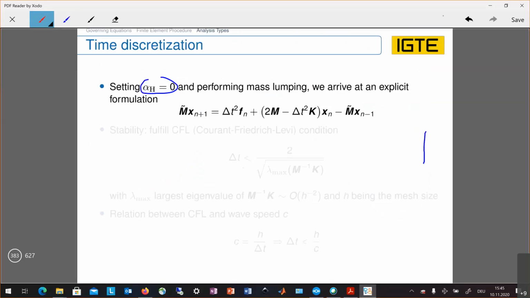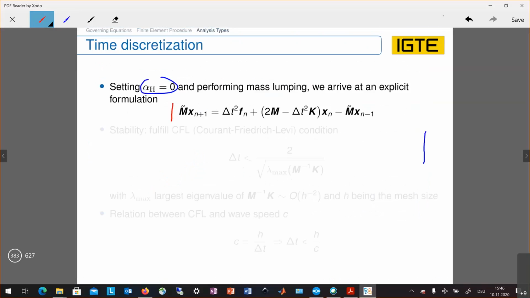And in this sense, we would have to solve this algebraic system of equations as written here, because we have set alpha h to 0. So this will be an explicit time discretization approach.